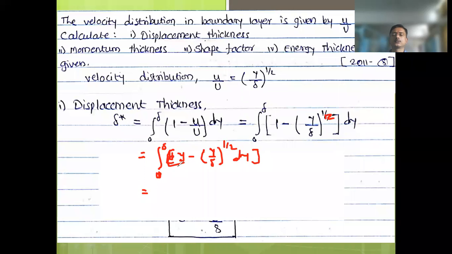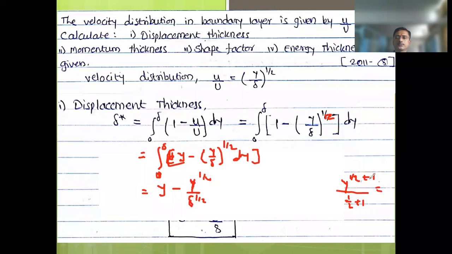Integration of dy will be y, minus 1 upon del raised to 1/2, we will take it outside, and integration of y raised to 1/2 is y raised to 1/2 plus 1 divided by 1/2 plus 1.